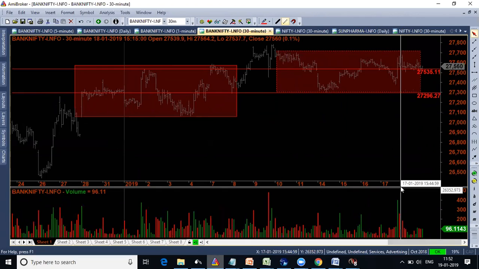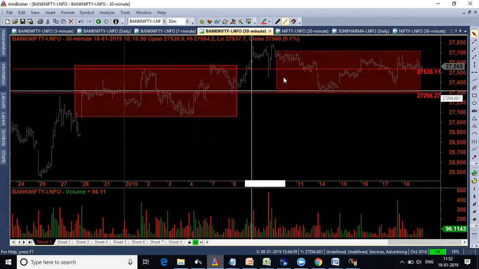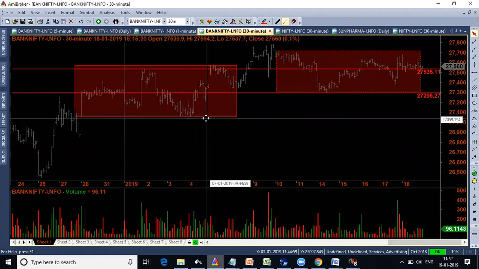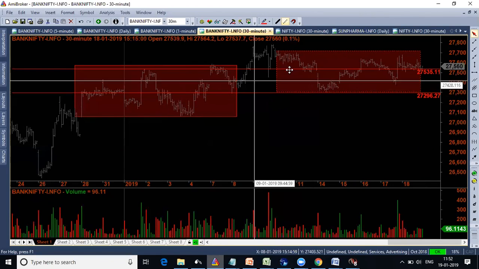So all these are signs, and moreover, now we are getting a weaker auction here, especially when two balances are overlapping each other, right? Those are the signs that it is a weaker auction. Whatever is happening on a broader scale, it is a weaker auction.